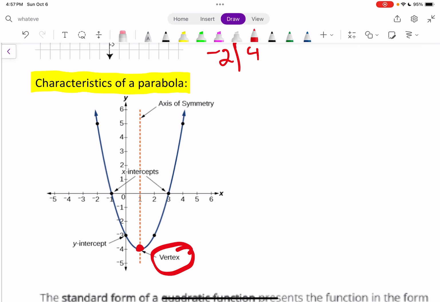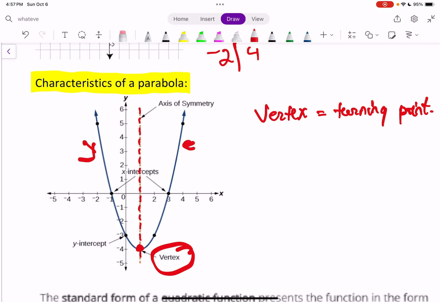We have to know where we can turn this parabola. Now, it is also important to know that the graph is symmetrical about this vertical line that goes through the vertex. So in other words, the graph looks the same on the right side as it does on the left side of the graph.